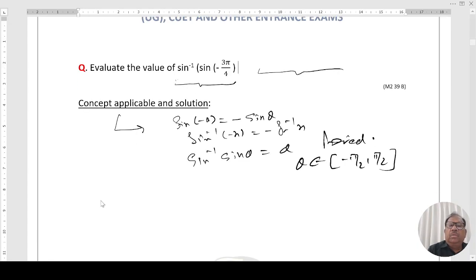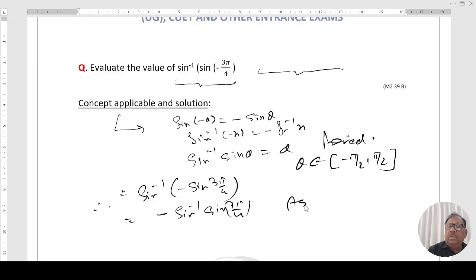Now, therefore, sin inverse of minus sine 3 pi by 4 comes out to be minus sin inverse of sine 3 pi by 4.